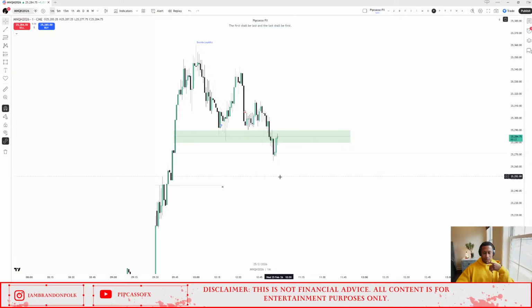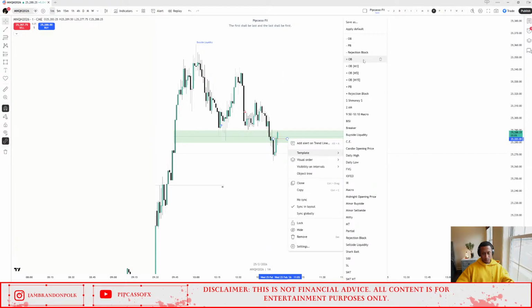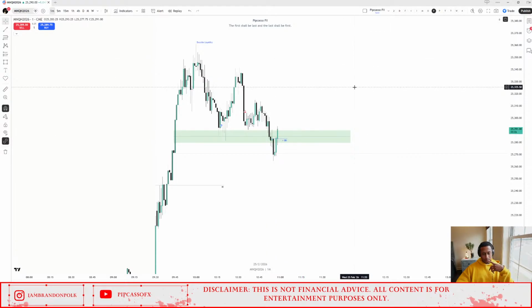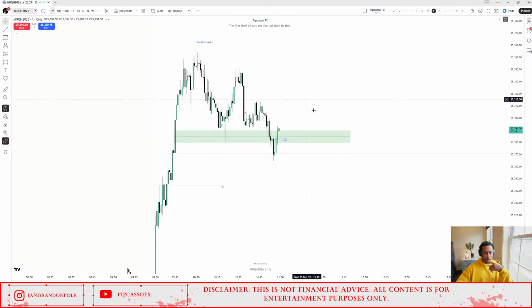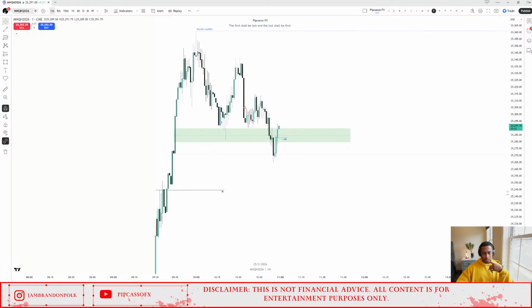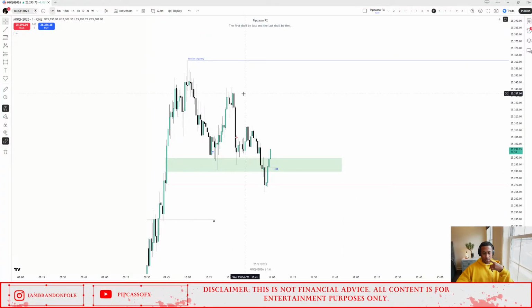So macro. Yeah, so way. So 15-minute gap. 15-minute gap with low resistance.